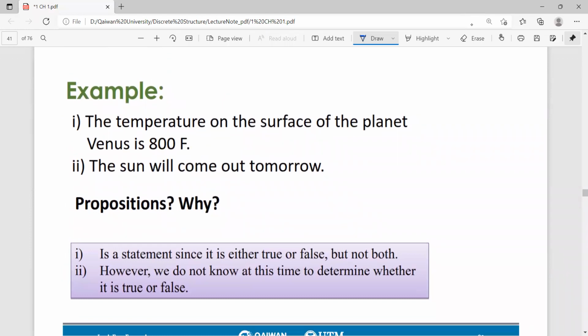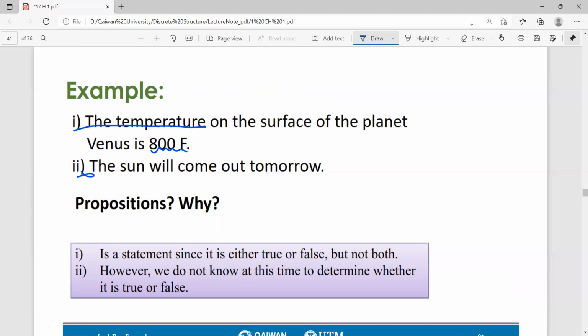Here you have an example. The temperature on the surface of the planet Venus is 800 Fahrenheit degrees. It's either true or false. Someone says this information. It's either true or false. So that's why you see this is a proposition.